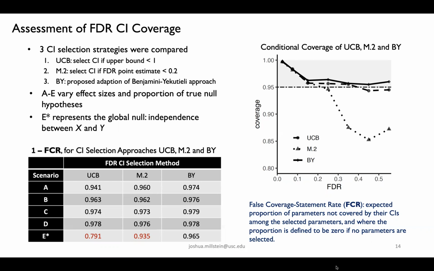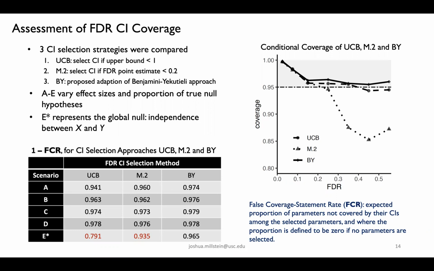And okay, so here you have the coverage in the lower left table. There's coverage under these different scenarios for the 3 selection approaches. And coverage here is defined as 1 minus FCR. Okay, so we're using FCR to evaluate coverage.